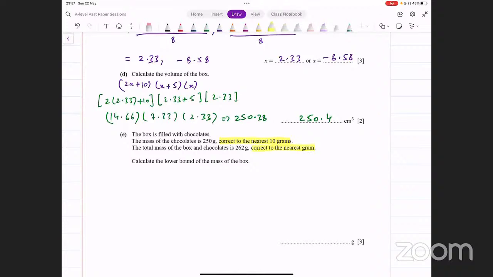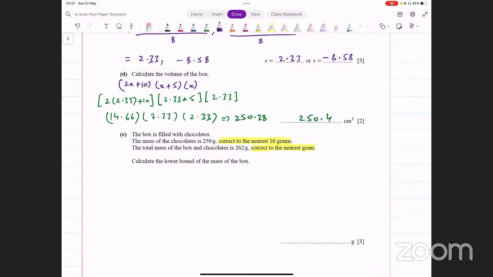Calculate the lower bound of the mass of the box. Now let's think about it. The mass of the chocolates is given, and the total mass of the box and the chocolates is also given.